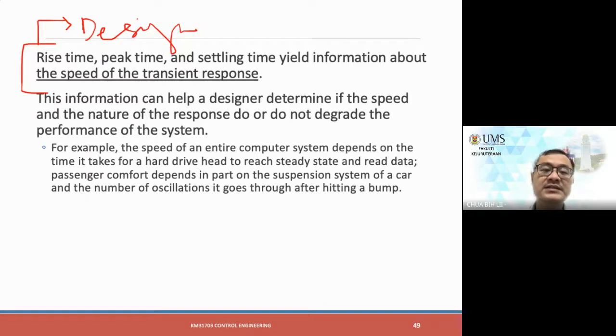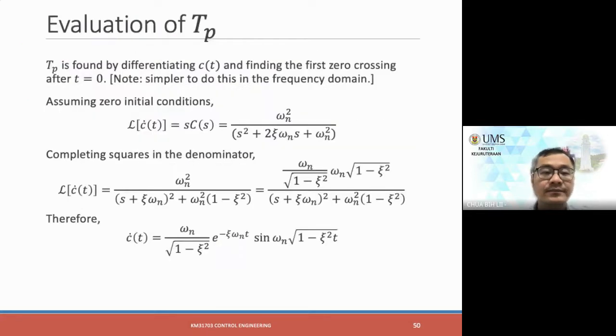Normally a design will have a design target, meaning you may want to improve a system, or tune or optimize a system such that it has maybe a settling time faster than the previous one. So from there you must be able to characterize the settling time, or maybe the peak time and so on, so that this would be used for the design later on, to describe the speed of the transient response, how fast it is during the transient period.